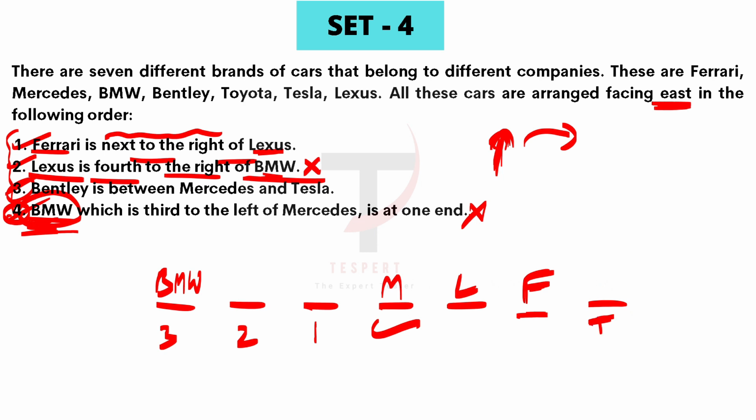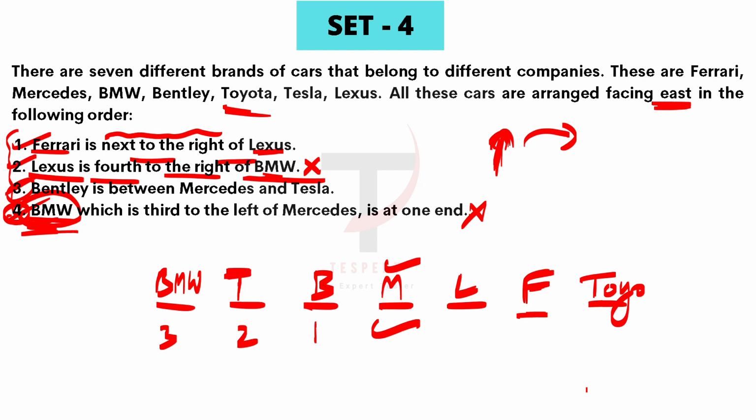So Mercedes is here. If we place Tesla here, then this is the place where we must place Bentley, so that it is between Mercedes and Tesla. So now we got the arrangement, and the only slot that is left is for the final brand, which is Toyota.